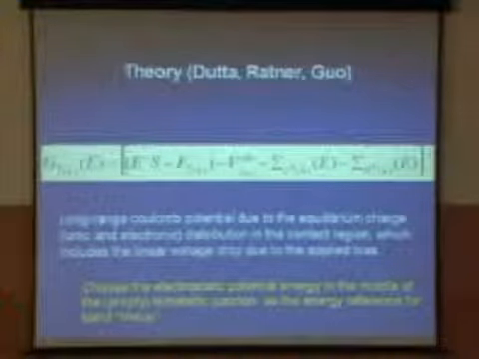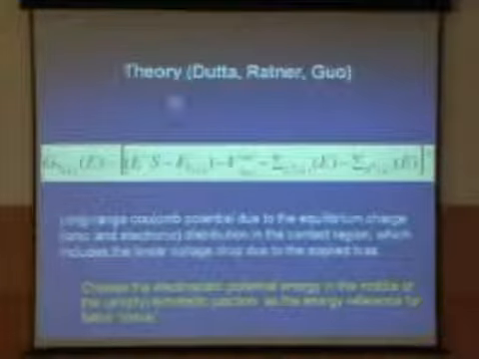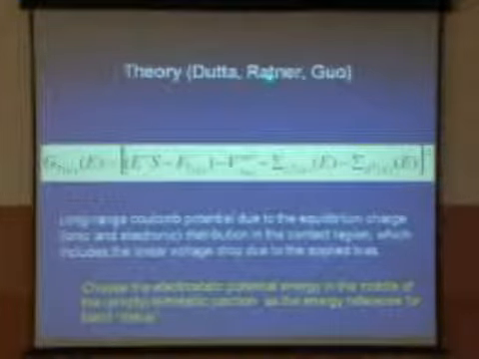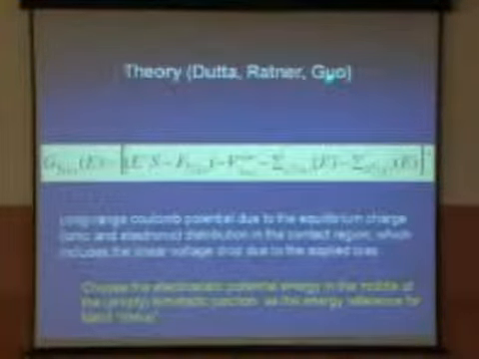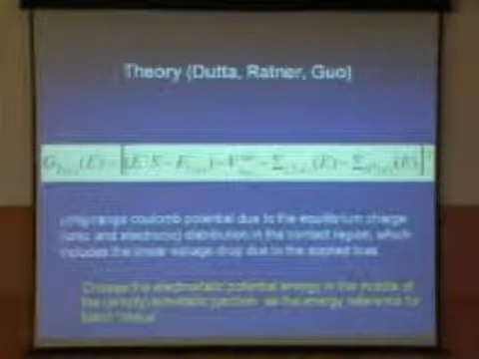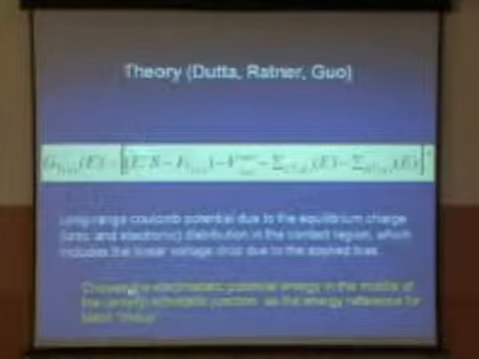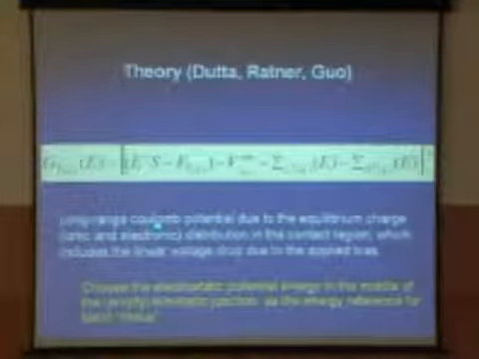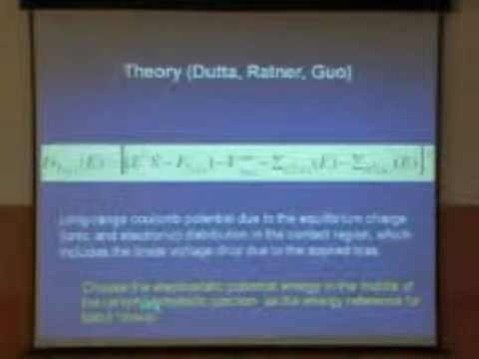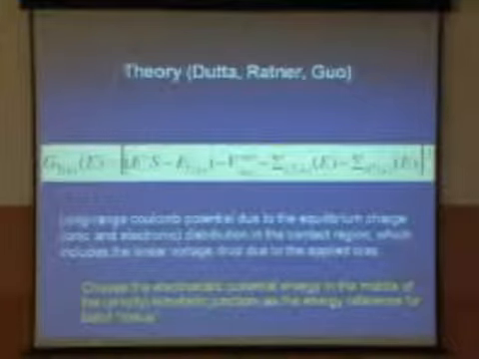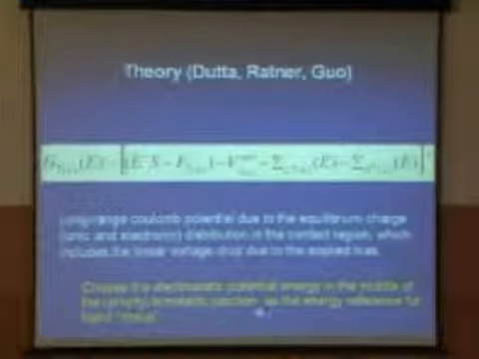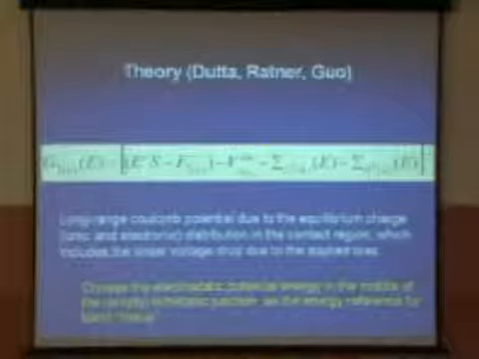The tools come from Supriyo Datta at Purdue, Ratner at Northwestern, and Hongo at McGill. They have different techniques of treating this Coulombic potential. What they do is choose the potential energy in the middle of the bimetallic junction as the energy reference for the band lineup. This is a key approximation.